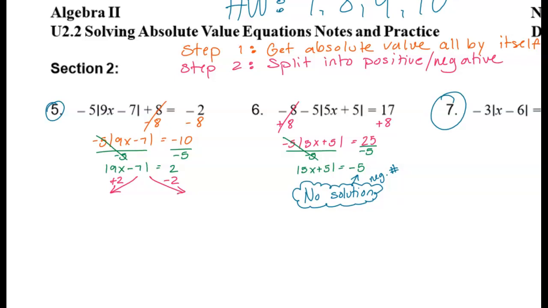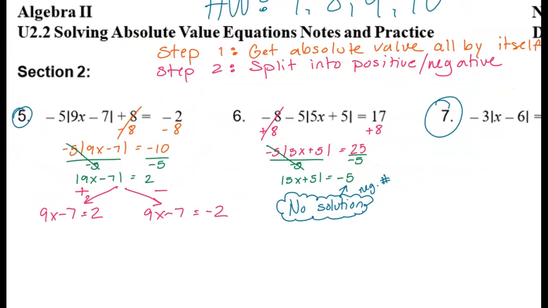I now ignore the absolute value, so I have 9x minus 7 is equal to a positive 2, and 9x minus 7 is equal to a negative 2. And then I need to solve both. So that's step 3. Solve for x in 2 equations.